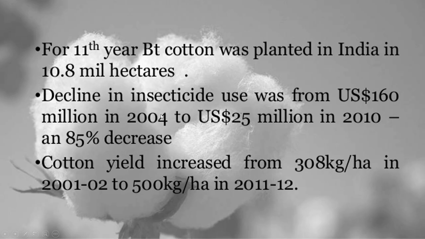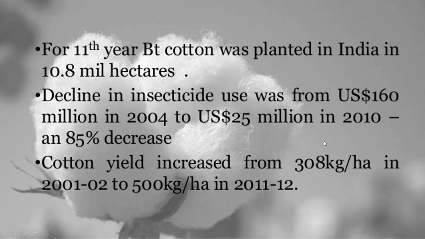You can see by the numbers that in 2004, after India started growing Bt cotton in 2002, insecticide worth $160 million was used, but it got reduced to just $25 million in 2010. You can see a dramatic decrease in the consumption of chemical pesticide in India.